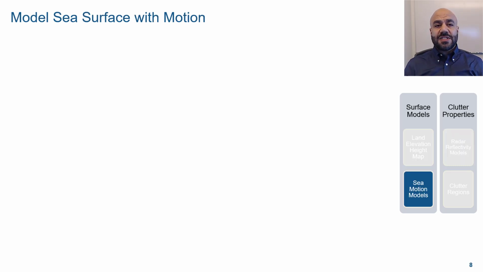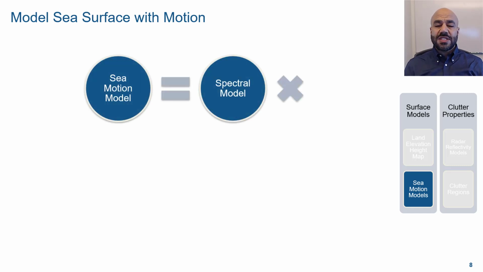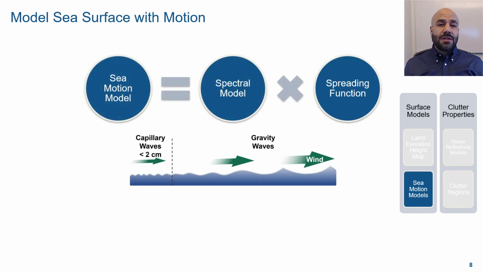Like the land surface, we model the sea surface, but with motion. To model the sea motion, we use a built-in model based on the Elfouhaily model, and we multiply the spectral model and the spreading function to model two types of waves, gravity waves and capillary waves.